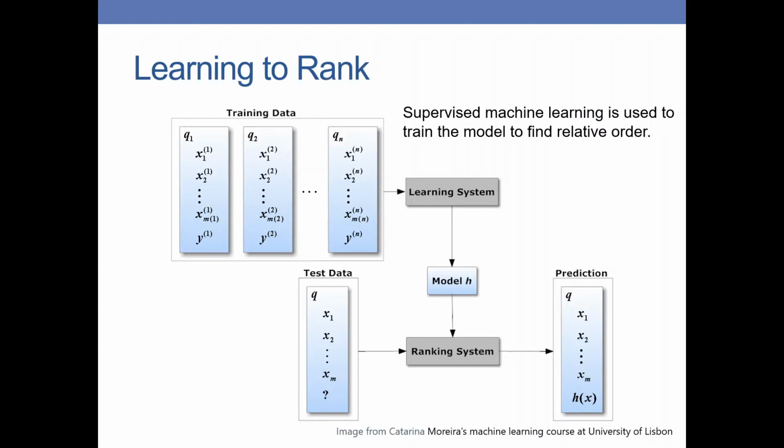When a learning algorithm is applied to this training data, it optimizes the weights on different features to generate the optimal learning model, the optimal ranking model.